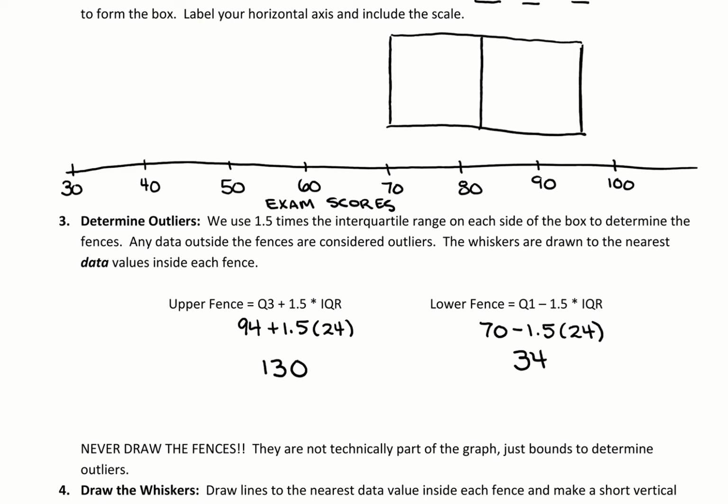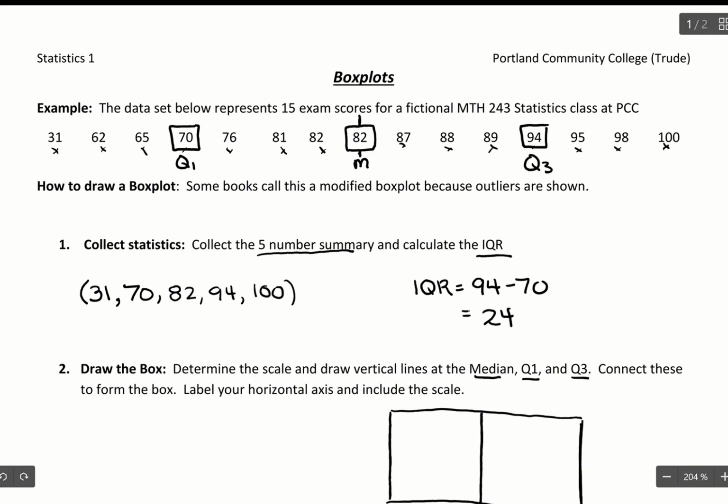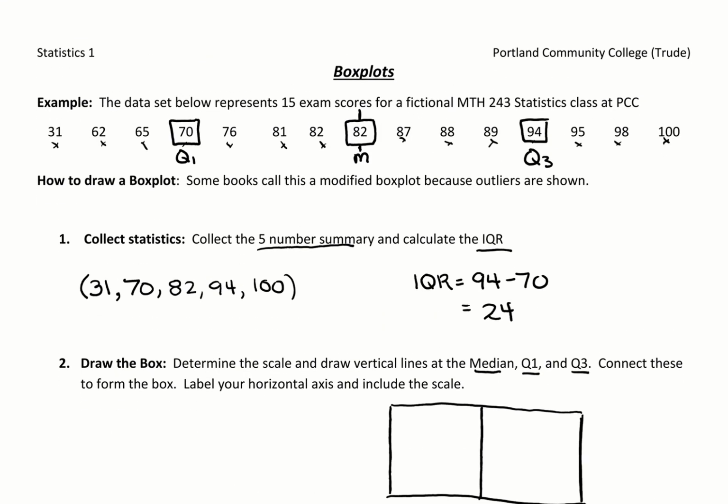So let's take these numbers up to our actual data set. So 34 as kind of a minimum value, that's landing in between our data values 31 and 62. So I'm just going to draw this line here that 34 is landing between those, which shows that 31 is outside of the fences.